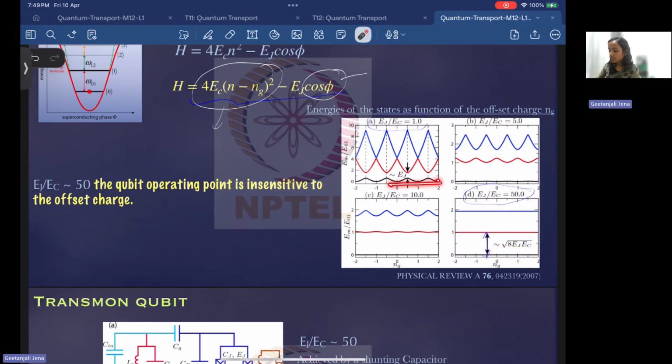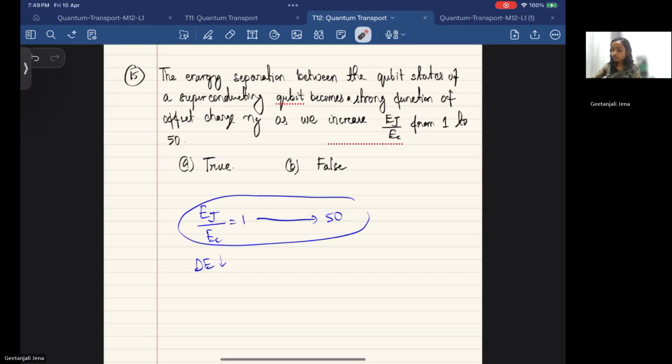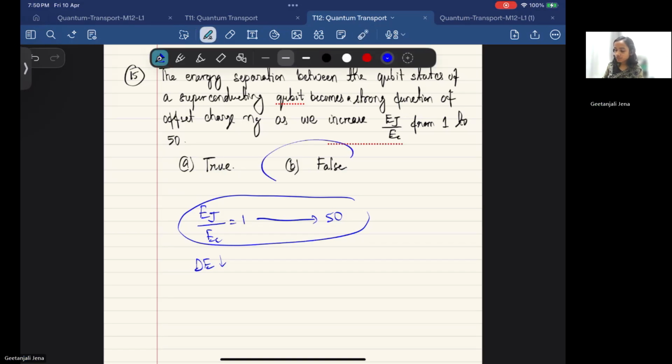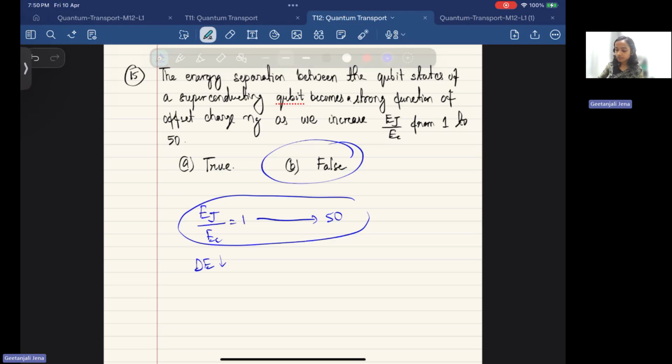And for the low ratio case, when we increase Ng, the variations are there and it fluctuates sinusoidally in a parabolic manner. So when we increase EJ by EC from 1 to 50, delta E is not a strong function of Ng. So the statement is false. Option B is the answer to it.